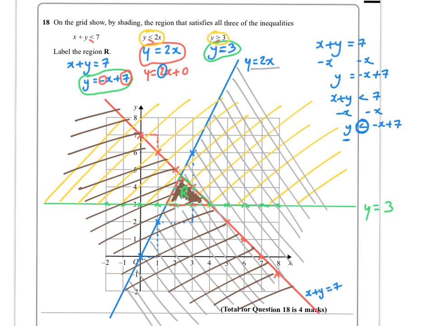Just one extra point to notice is some teachers would probably not like what I said, because they'd probably want you to dash these lines for these ones, because they couldn't actually be equal to. I don't mind if my students don't, as long as when they do their final answer they make sure they're looking at the inequality sign to see whether it can be on the line or not. It's just like the locus questions.